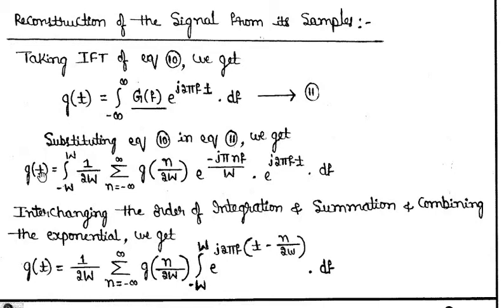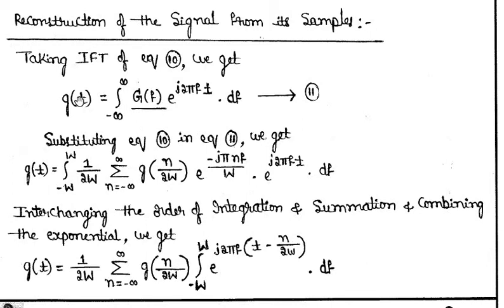Now I need to get back my original message signal. See here, the reconstruction of the signal from its samples is also called the interpolation formula. So the basic technique over here is you are trying to get back your message signal g of t. But when we sample the signal, we have a frequency domain representation. So you can see all the expressions we have represented in the frequency domain.